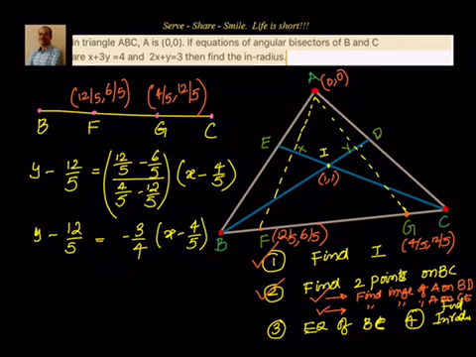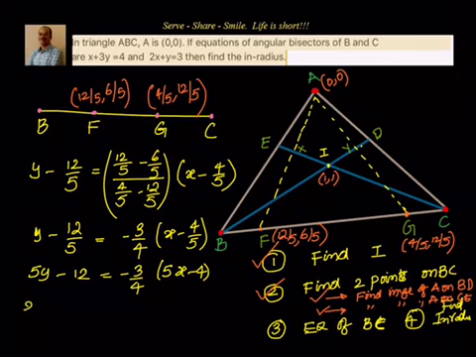Let's multiply with 5. We get 5y minus 12 equal to minus 3 by 4 into 5x minus 4. Let's simplify that.